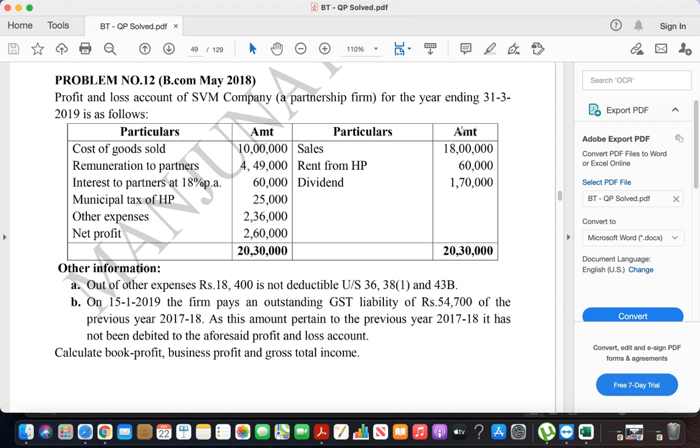So this is the question we have. This question has been asked in Bangalore University exams, final year, business taxation 2018, on assessment of firms. Okay, let's get started with the solution.